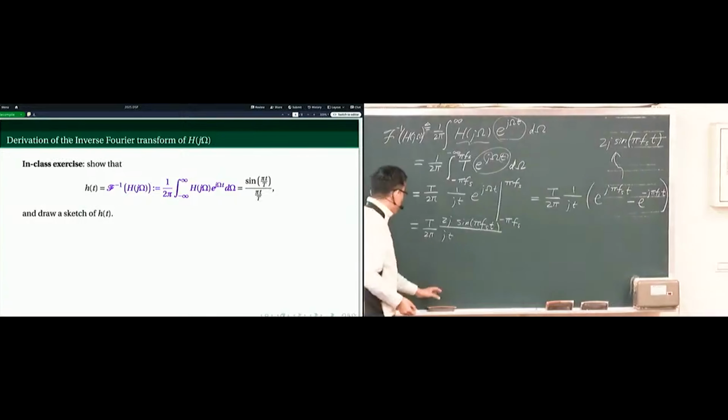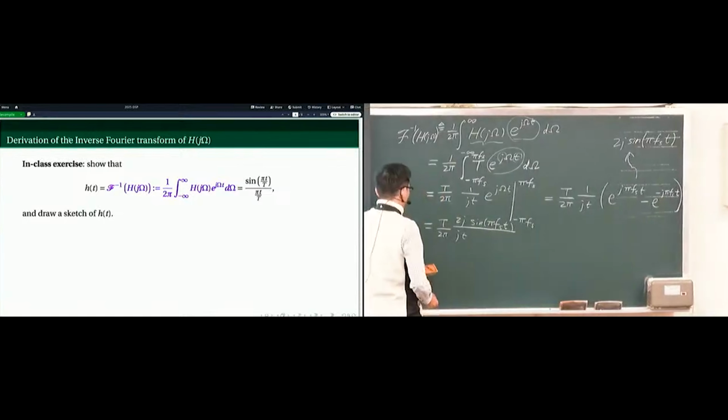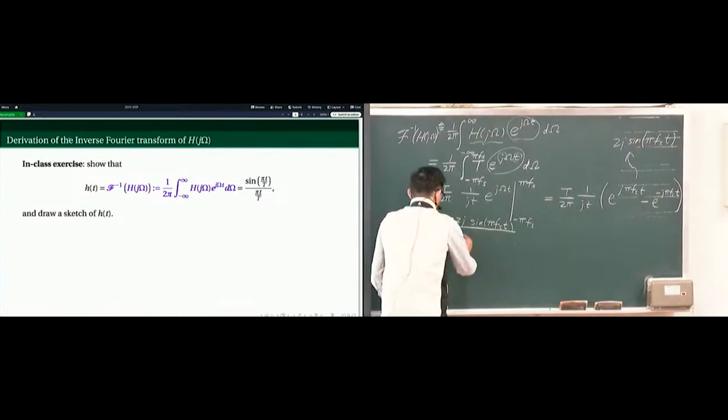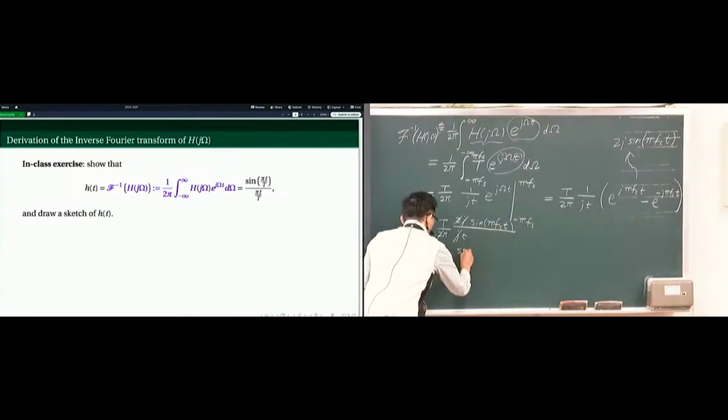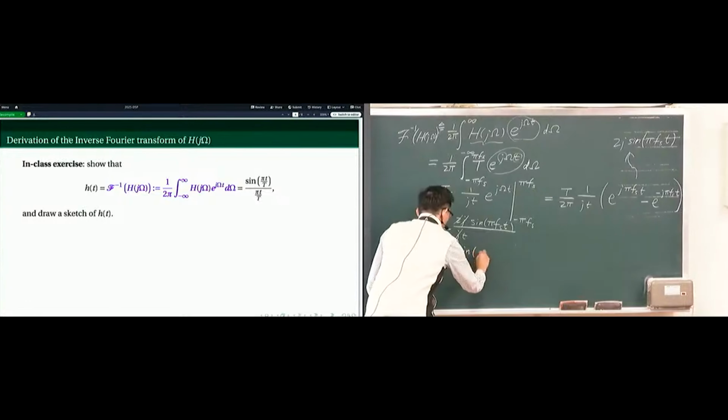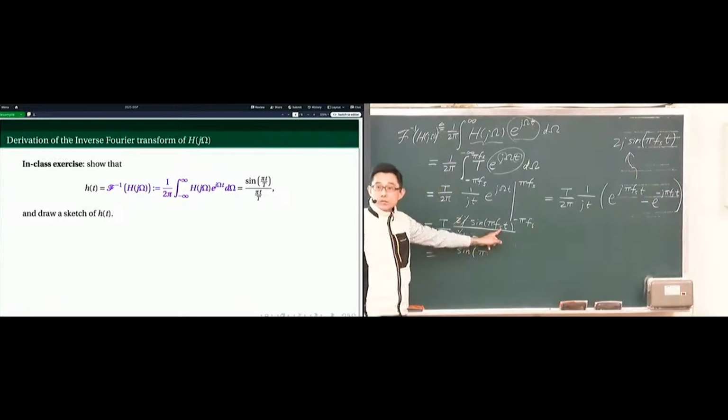We are almost there. Just cancel j, cancel 2. Now we have sine of pi times sampling frequency.